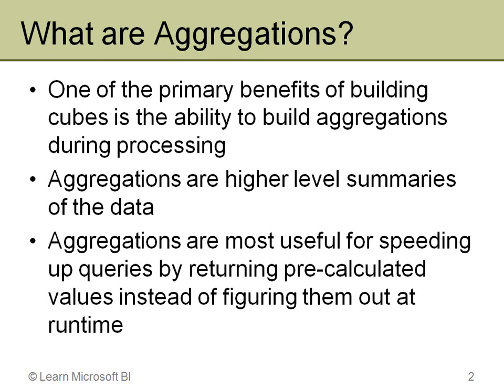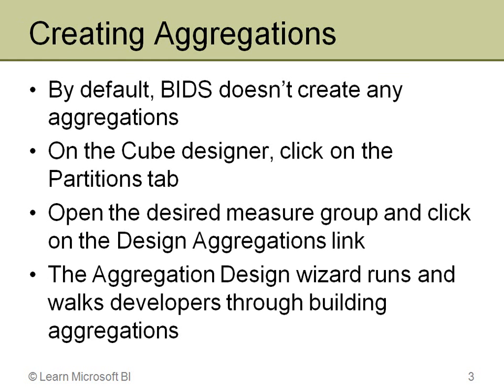So when a user comes in and asks for the data, it doesn't have to go through potentially billions of records in order to get a sum. It simply pulls it from an aggregation because it's been pre-calculated when you did the processing. So these greatly speed up queries, and therefore obviously they are one of the major aspects of cubes that you want to have in there to speed up these queries and make it much more usable.